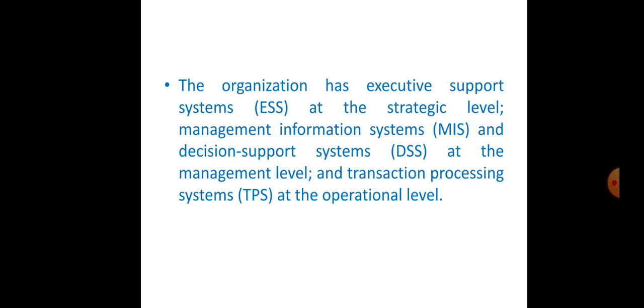On a daily basis, any organization or business unit will be doing various transactions that need to be monitored and documented. For this we will be using an ERP or customized software, which we can call TPS.